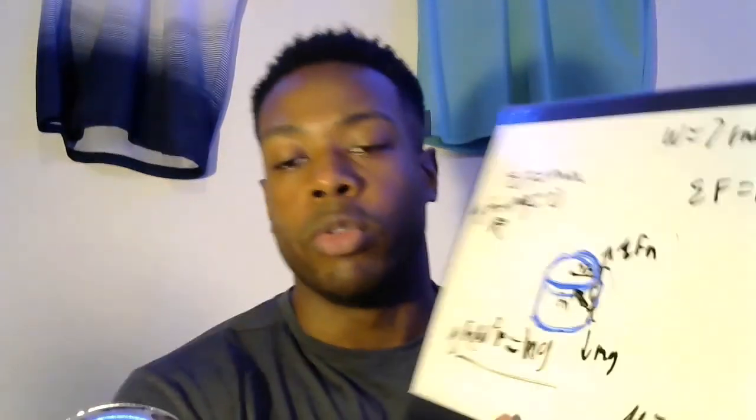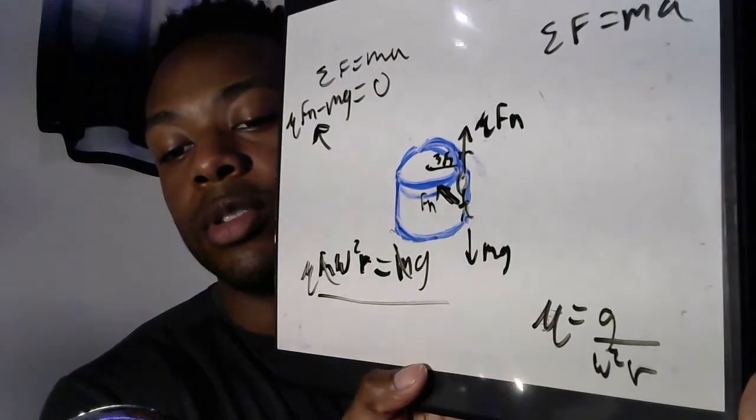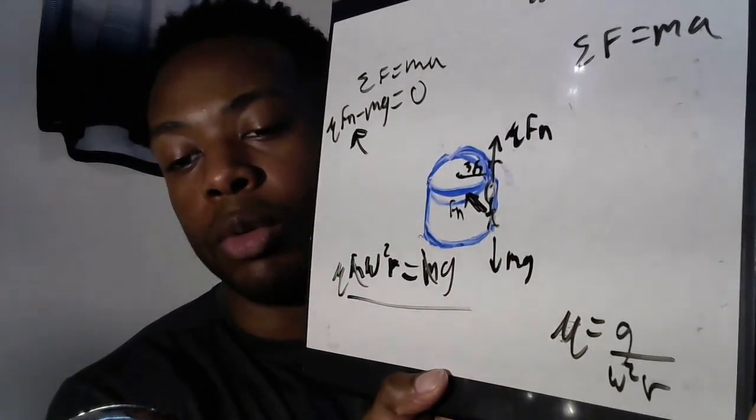So we've got mu times omega squared times r equals gravity, right? We want to solve for mu. We just do gravity over omega squared times r. I said that was our final equation earlier; I don't know why I misspoke like that, but this is what we're really looking at. It's the same thing, just rewritten.